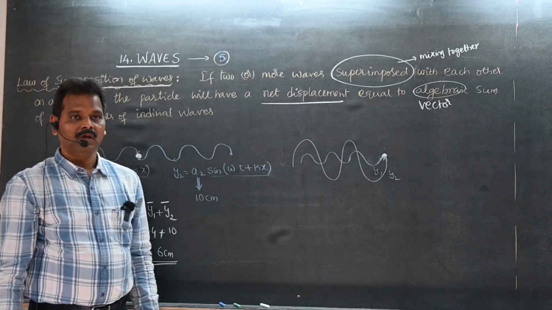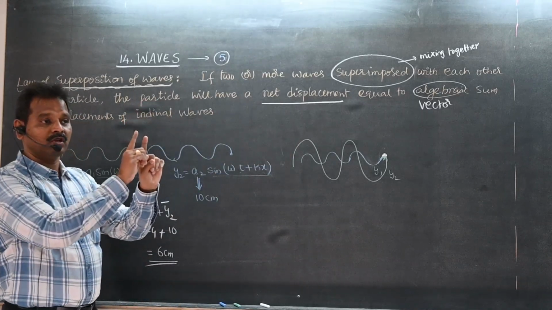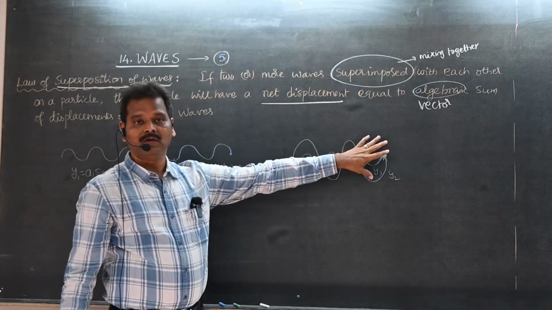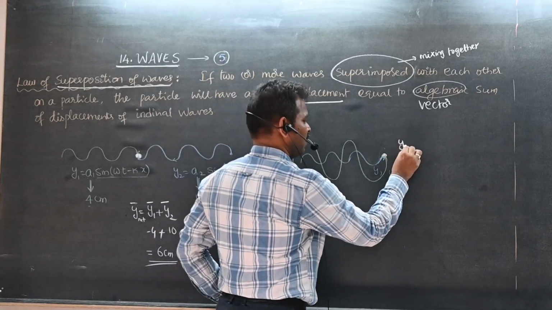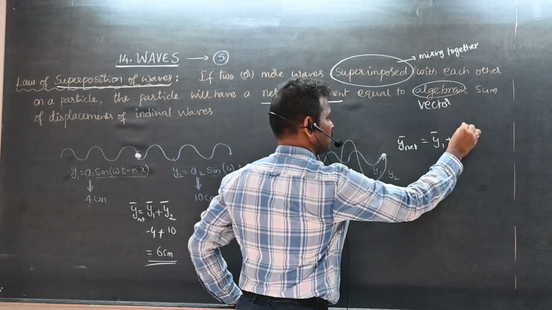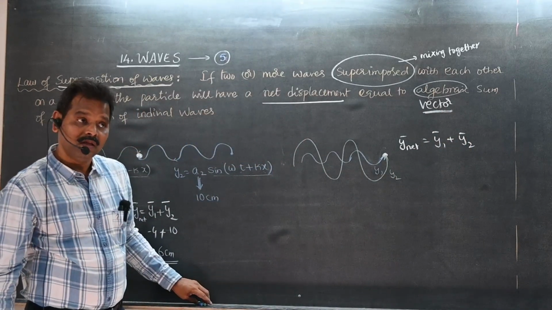Then what happens? Does the particle go up or down? Both are pushing this particle upwards. So then also, what is the equation? Y net is y1 plus y2. Here also I did the same thing: Y net bar is equal to y1 bar plus y2 bar. Why vector sum? Because these waves may travel in any direction.